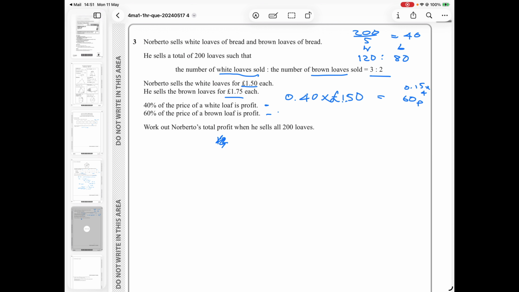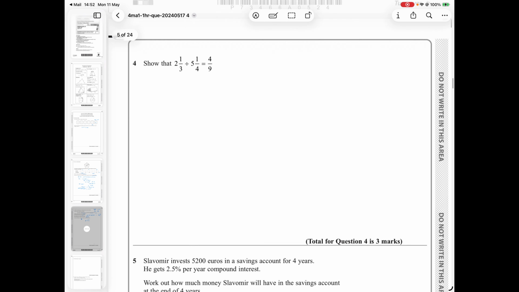So he makes £72 off the white loaves profit, and the next one is 80 times 1.75 times 0.6 equals 84. And then you put those together and we get 156. Now in this case, I don't think my arithmetic's wrong, I just don't know if I completely paid attention while I was doing that.